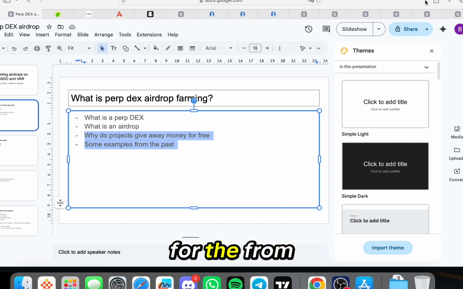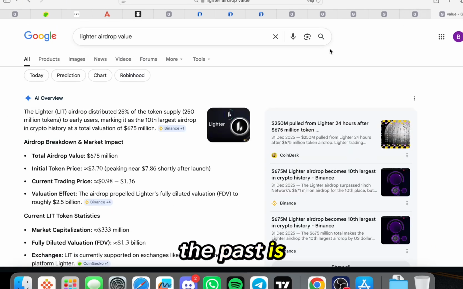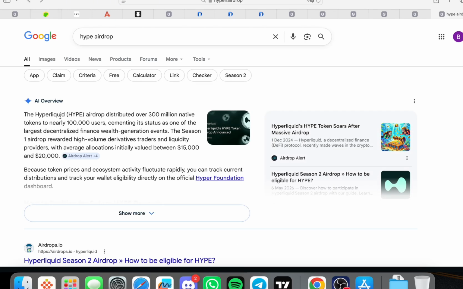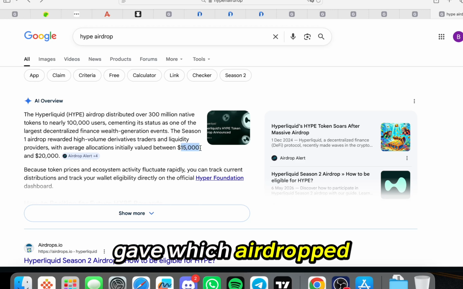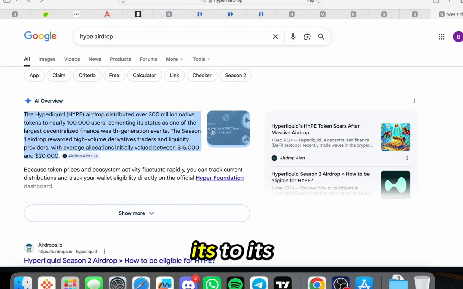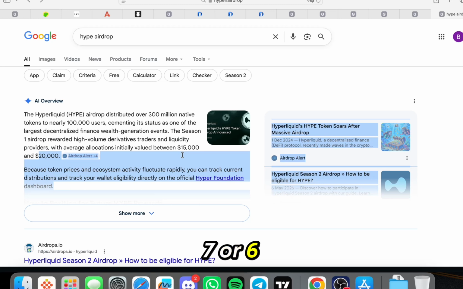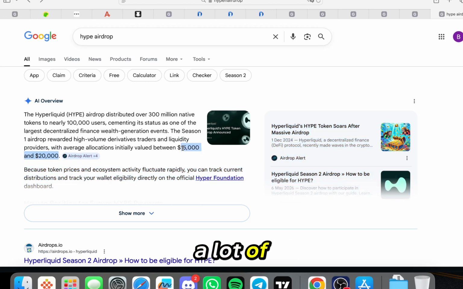Some examples from the past is Hype, which airdropped around 50 to 20k to its average user. It donated 8-figure amounts to some users. To some users, it just gave 7 or 6 figures, which is still a lot of money.